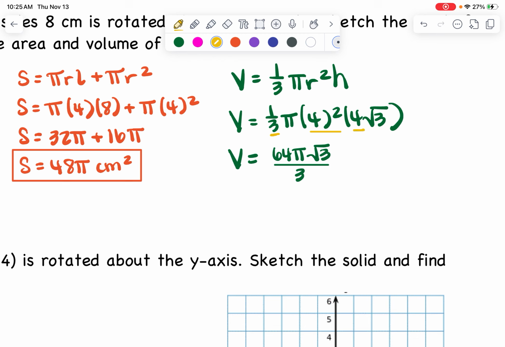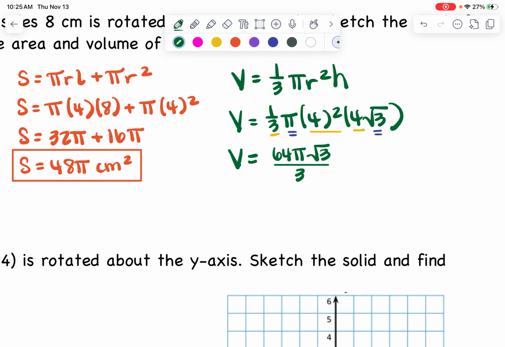I can't touch that root 3. When I type all that in my calculator, I get 64 thirds, and then in my numerator, I just need to make sure that I'm going back and putting the pi and the root 3 in. The square root should be the last thing written. You shouldn't write anything after the root 3. He should be in the back.